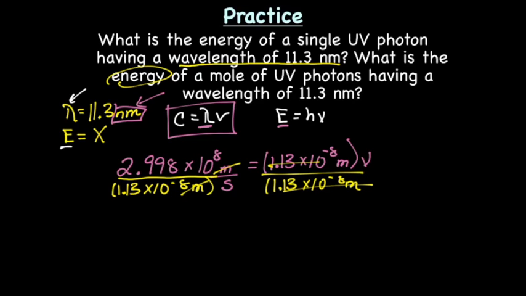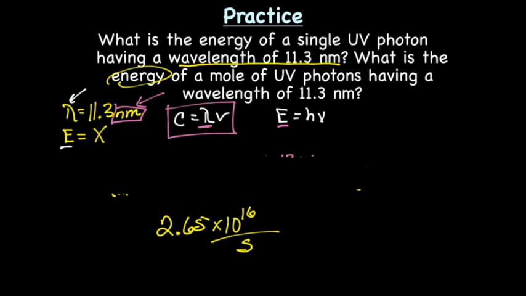And when we do the math, with the right number of sig figs, which would be 3, I came up with 2.65 times 10 to the 16th per second. All right, let's make some room for ourselves. I'll put our answer in our known list. So now we know our frequency equals 2.65 times 10 to the 16th hertz or per second.